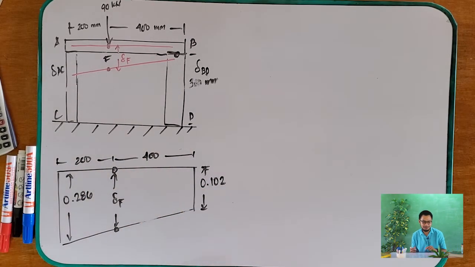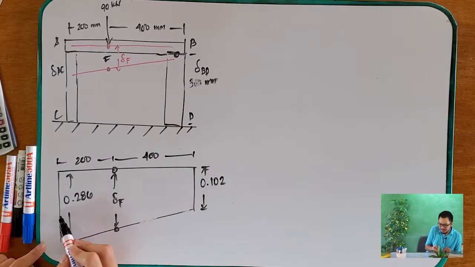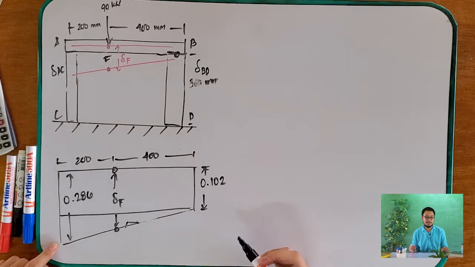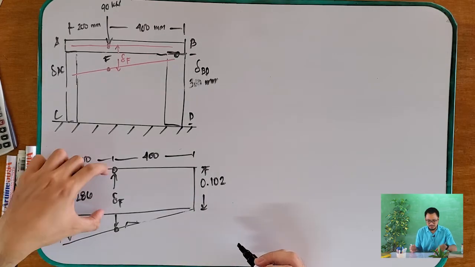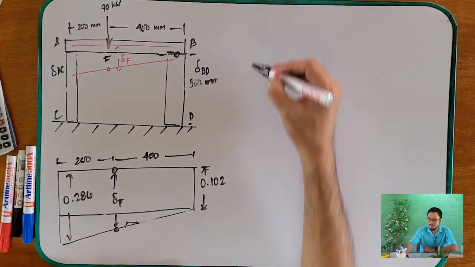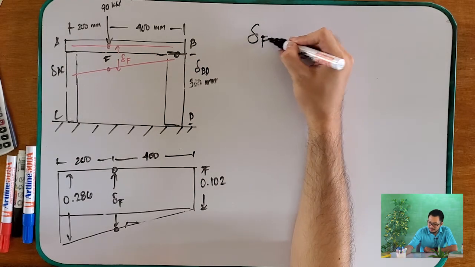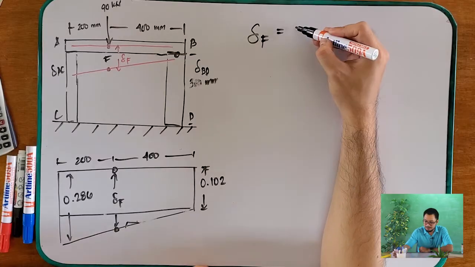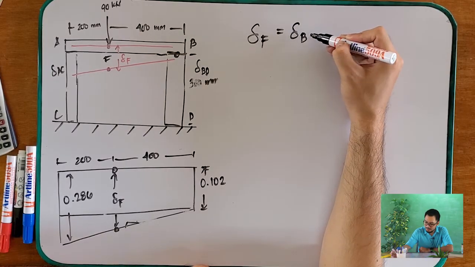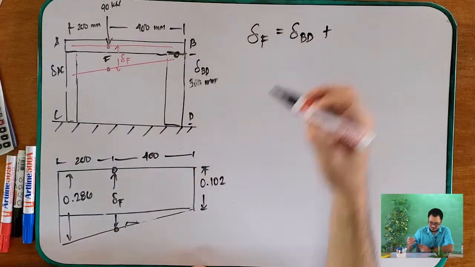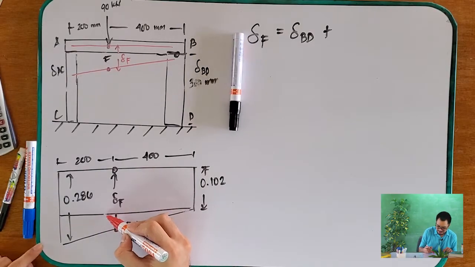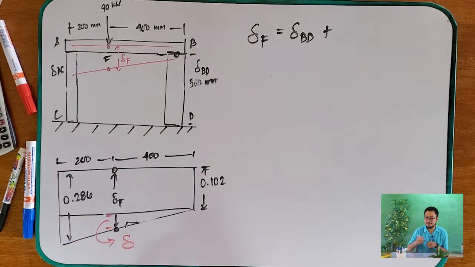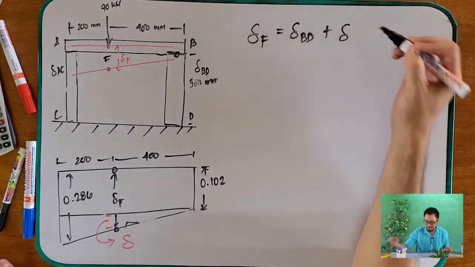So, what we will do, we know that this one is a triangle and we can use the slope. We can now use the slope. And we know that this one is 102. So, delta F is equal to what? Delta BD plus, let's call this length delta. So, delta BD plus delta.